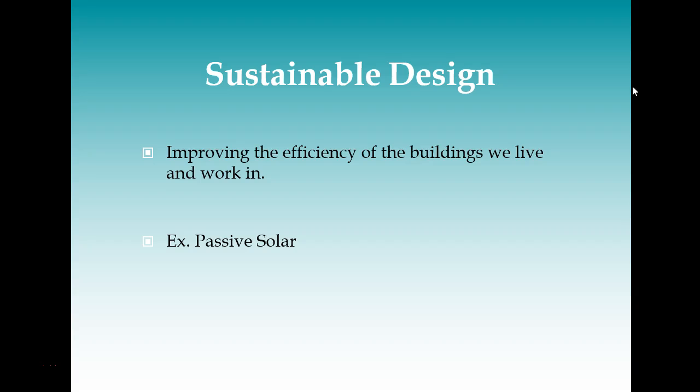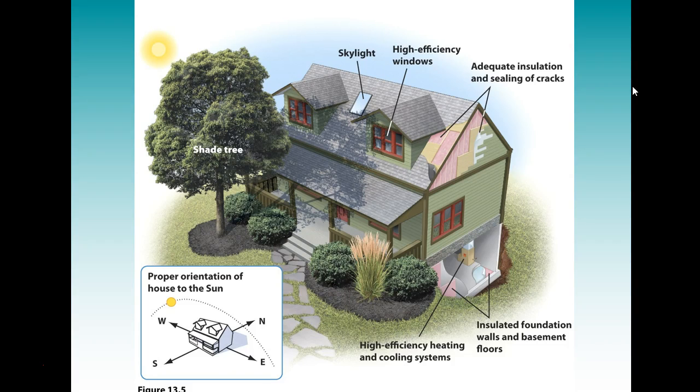Passive solar is basically designing particular things about a house or a building that take advantage of the sun's rays so that less electricity or less heating energy is used within that building. Some of the fundamentals of passive solar are what we call southern exposure, where the front of a house faces south on a compass.